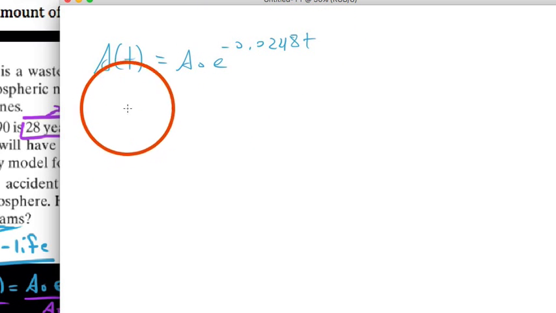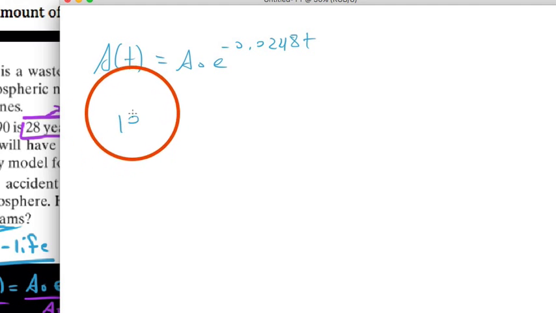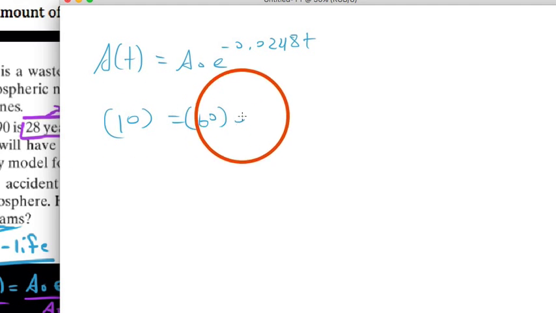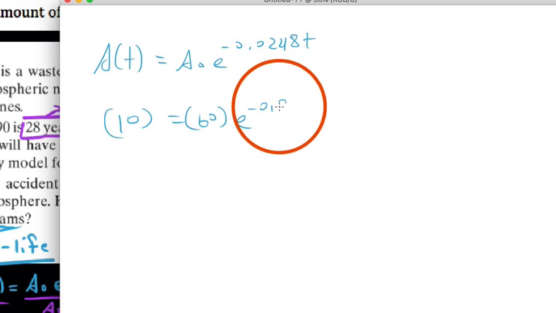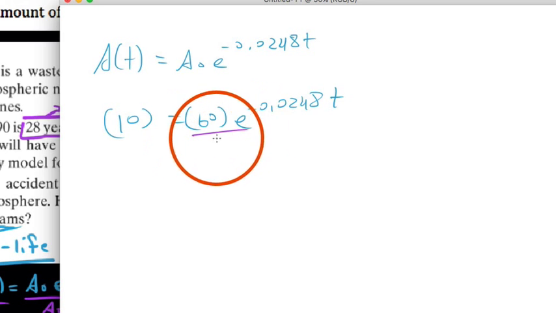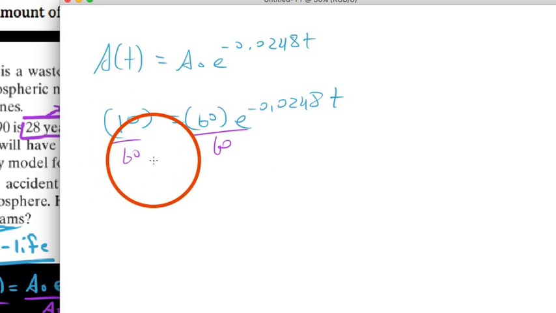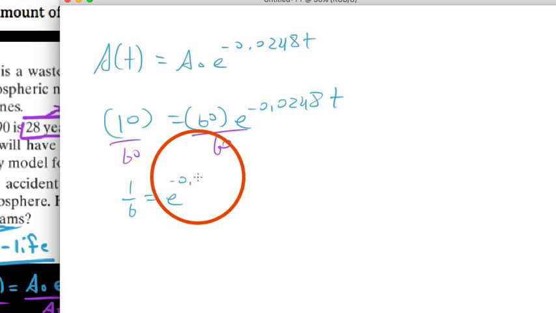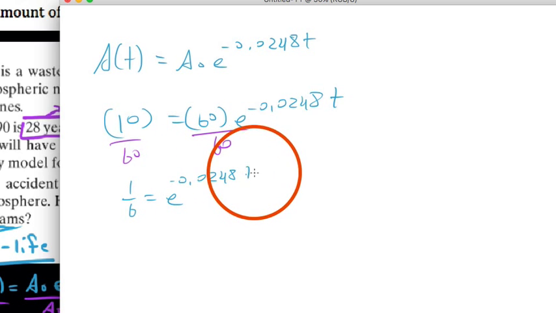We have an amount left over of 10, and our initial amount is 60. What would the time have to be? We're going to start by dividing both sides of this by 60. I'm going to say that this is 1/6 equals e to the negative 0.0248 time.